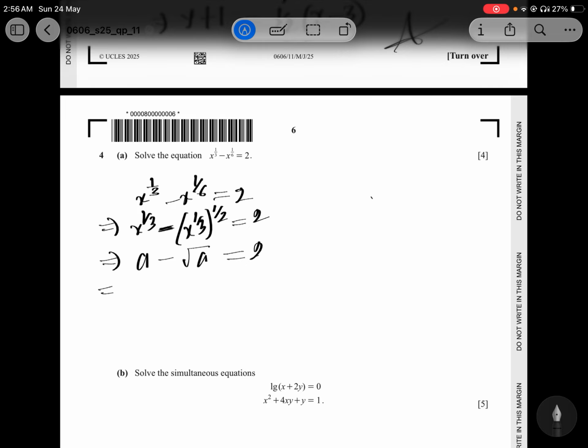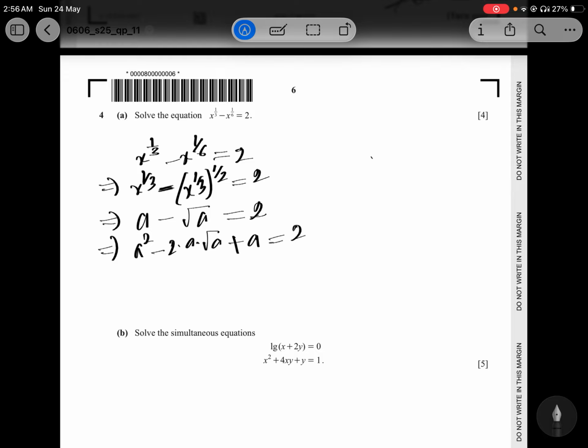Now if I square it like this way, it would become a square minus 2ab plus b square. This is a 2. It is a very easy question.